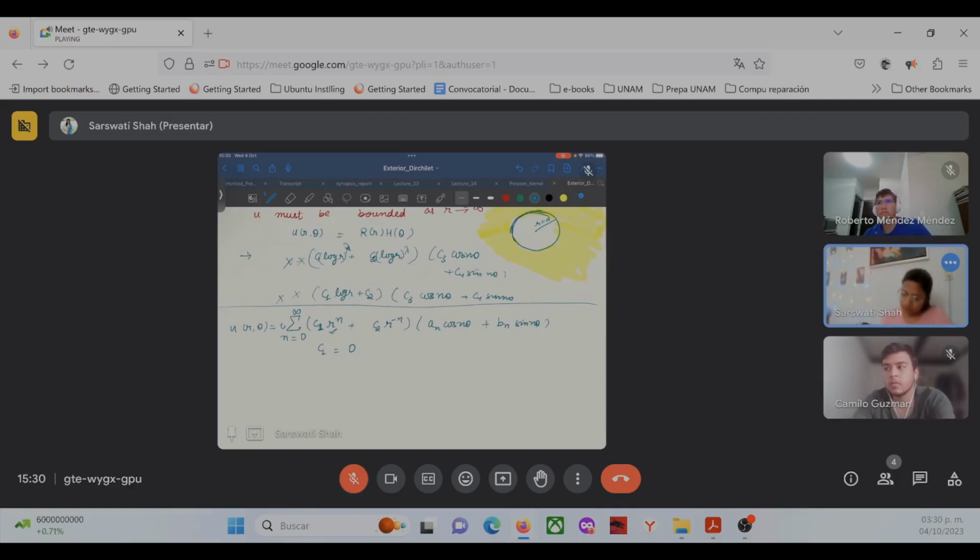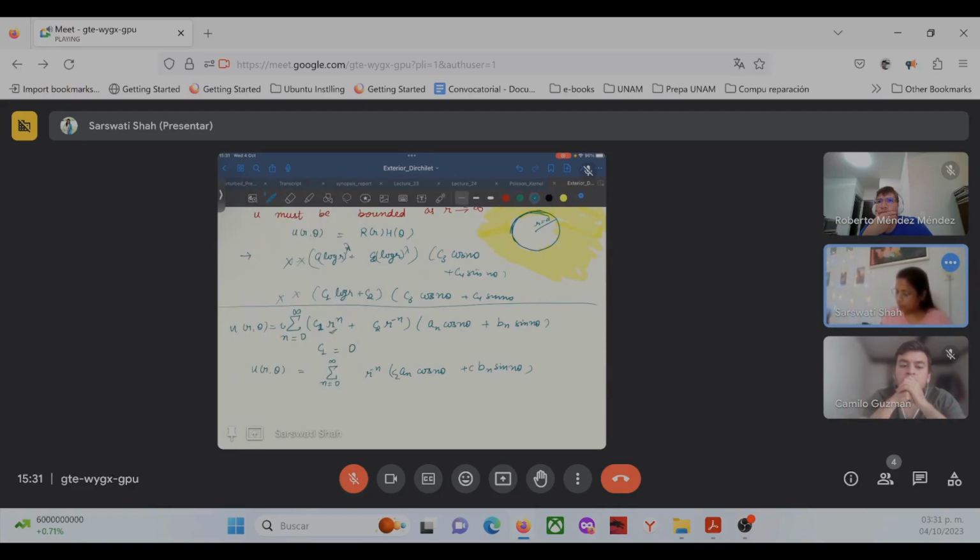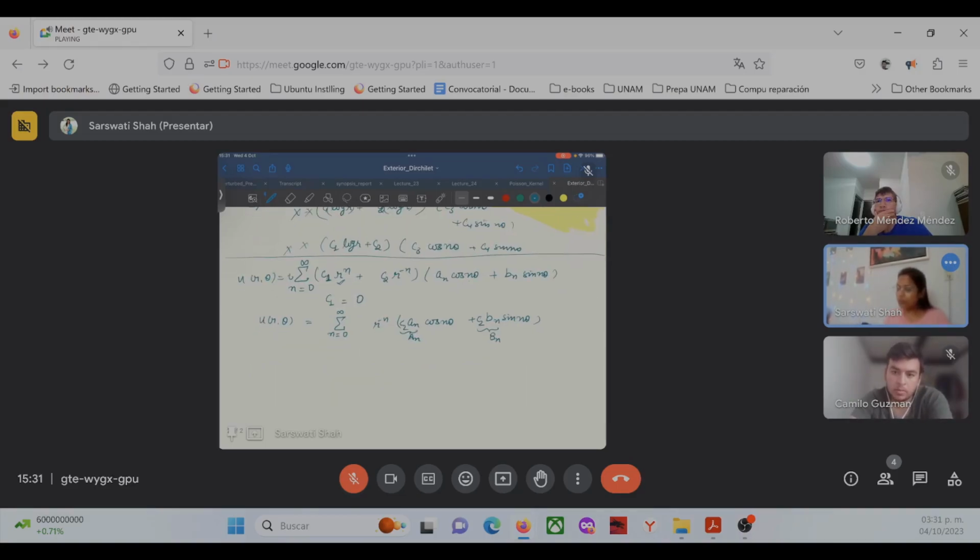So just adjusting these constants, u(r, theta) equals the summation with n varying from 0 to infinity of r to the power minus n times (an cos n theta plus bn sin n theta). Now send this C2 inside and take it as an and bn.